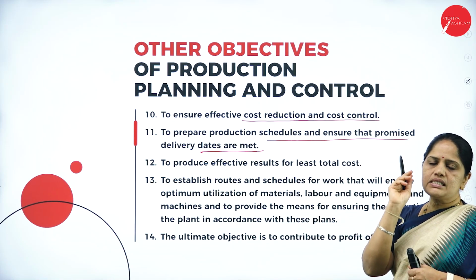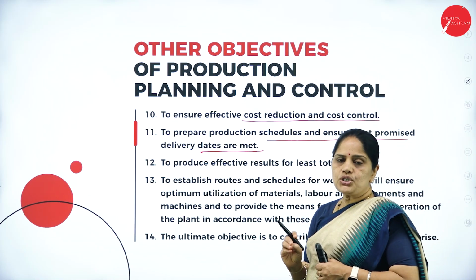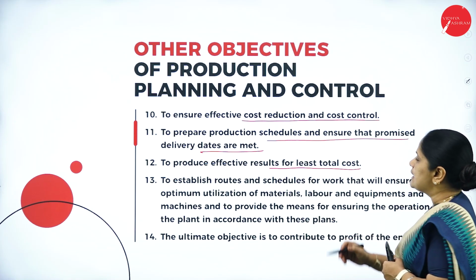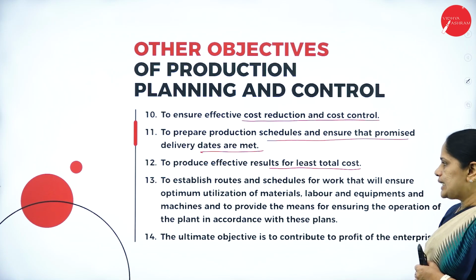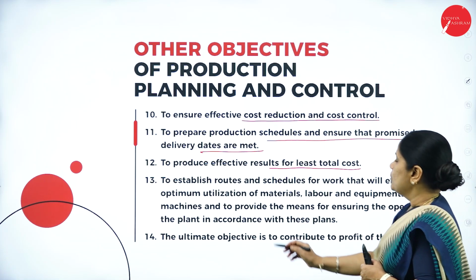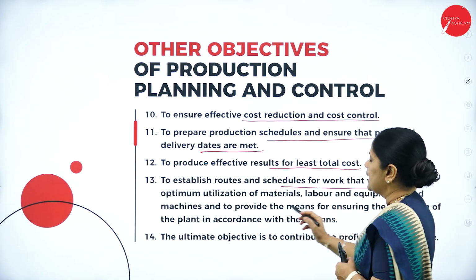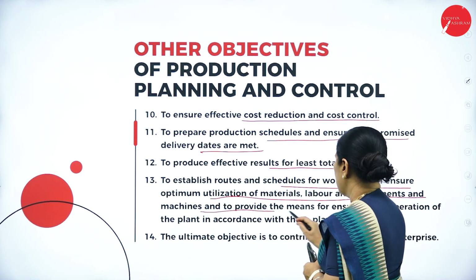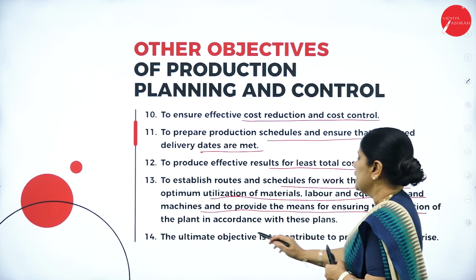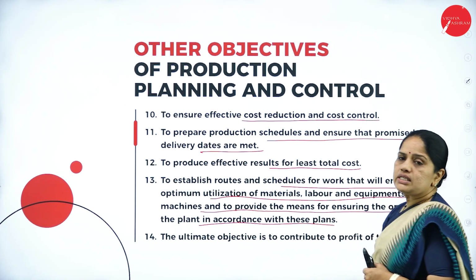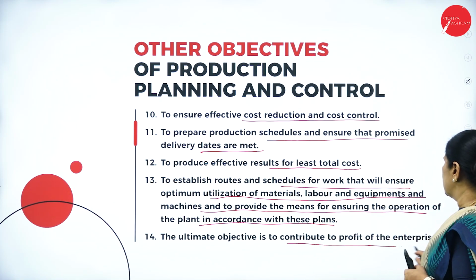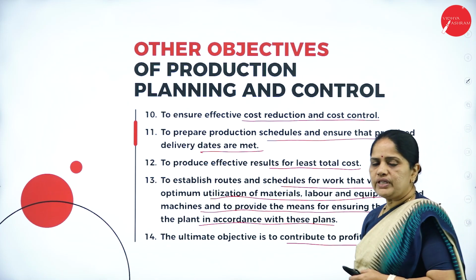So whatever the dates they have taken, the supply should be as per the specification, and to produce effective results for the least total cost, to establish routes and schedules for work that will ensure optimum utilization of resources, labor, equipment and machines, and to provide the means for ensuring the operation of the plant in accordance with the plans. So as per the plans, everything has to be done, and the ultimate objective is to contribute to the profits of the enterprise.